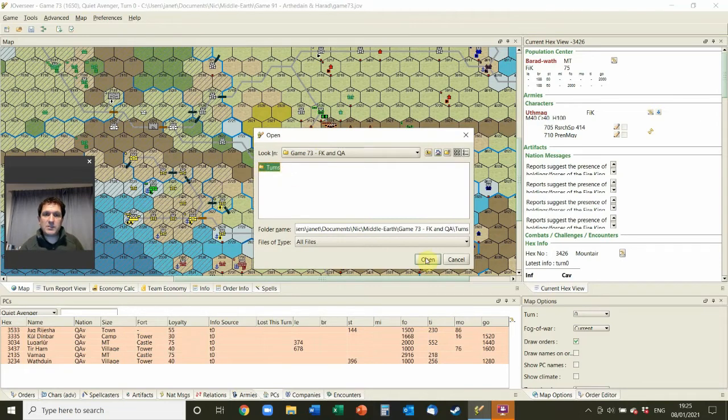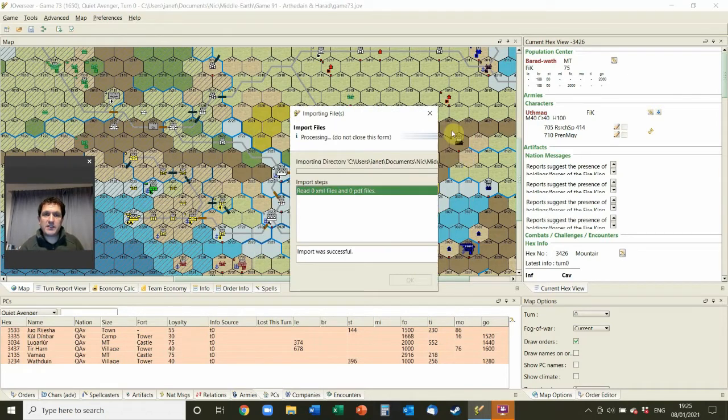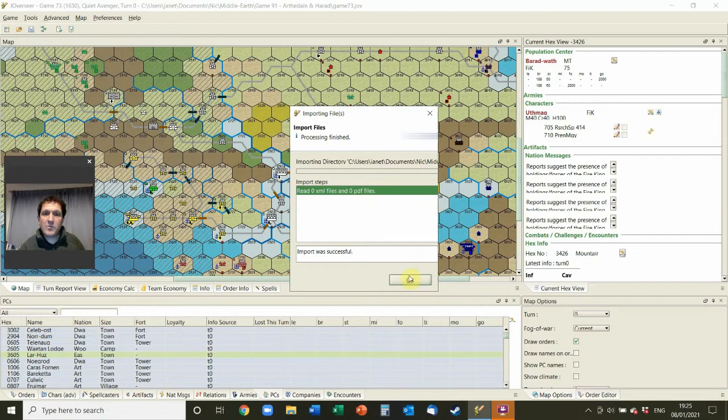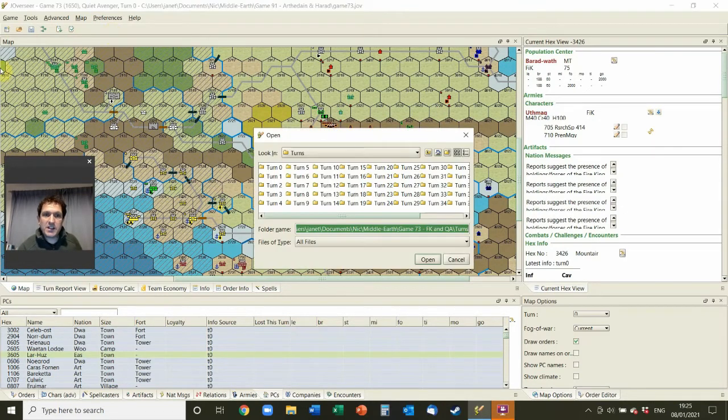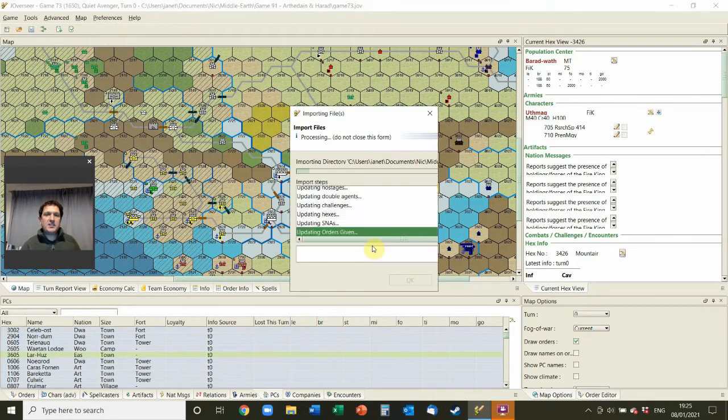Within that I then create a folder for each turn which I number, and into that I will save all the individual turn files, both PDFs and XMLs.